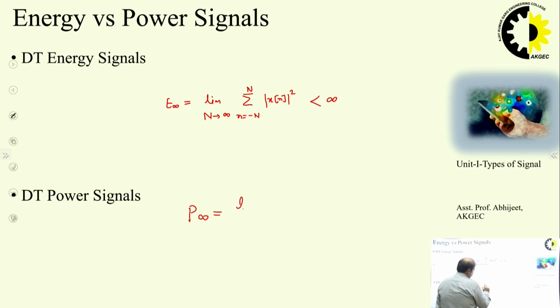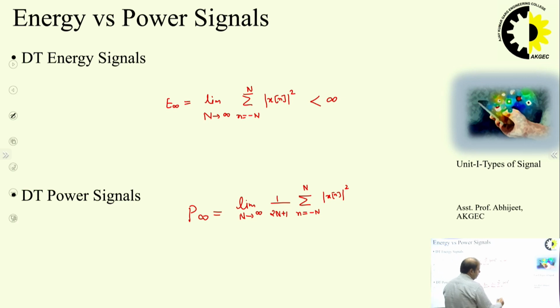So what we have is limit N tends to infinity, and in here I will have 1 upon 2N plus 1, because the total number of points between minus N and plus N is 2N plus 1, and then the same formulation, that n starts from minus N, goes to N, of mod x of n square, and we evaluate this.